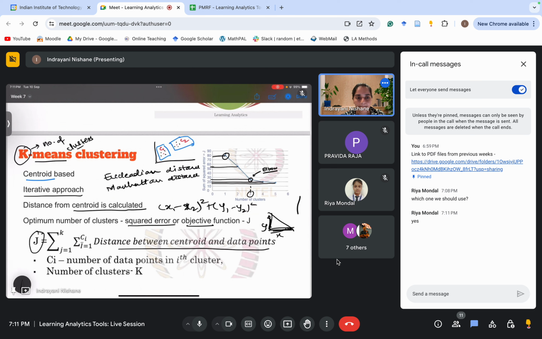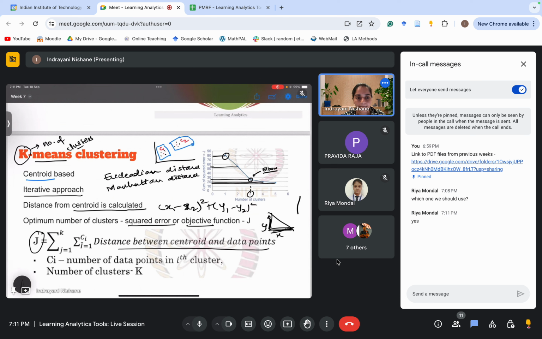Now going to hierarchical clustering, there are two approaches of hierarchical clustering. We saw that k-means clustering combines the nearest or closest data points together to form one cluster.